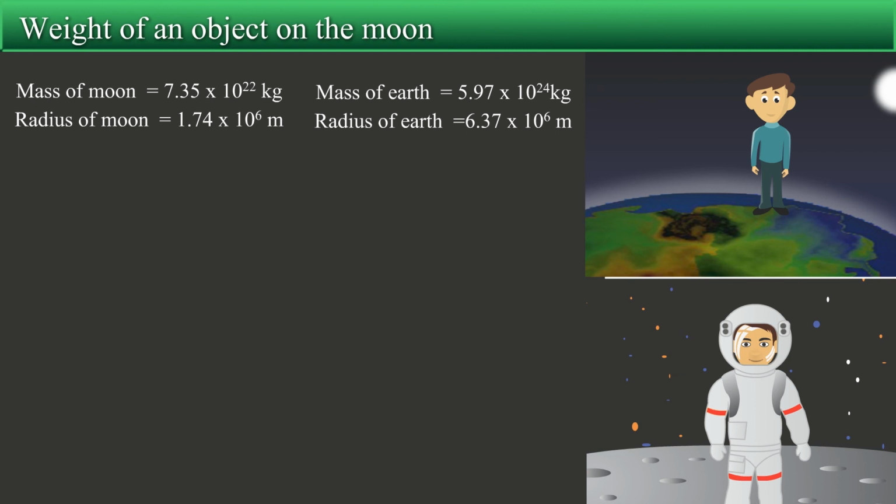Radius of the earth is 6.37 multiplied by 10 raised to the power 6 meters. Let the mass of the object be m. Using the universal law of gravitation, force of gravitation is equal to G M m upon d square.